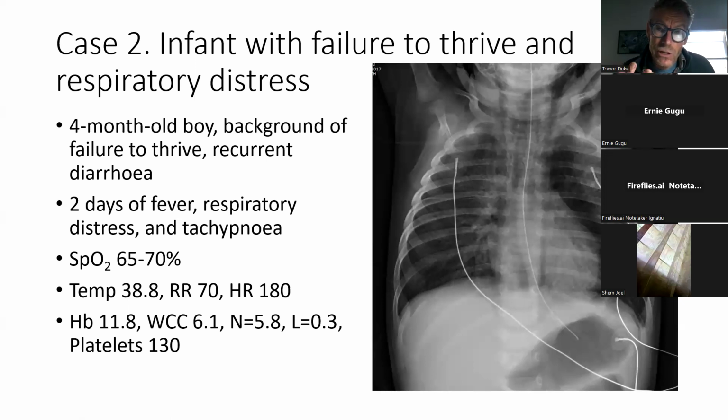And this child has failure to thrive, recurrent diarrhea, severe hypoxemia and respiratory distress, and a pneumomediastinum, and he's got lymphopenia. I want you to be able to recognize at least that constellation of problems, that accumulation of problems, and be able to identify this for what it is.